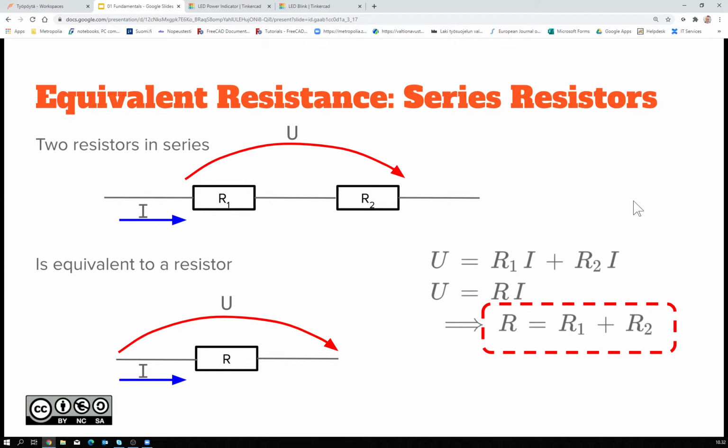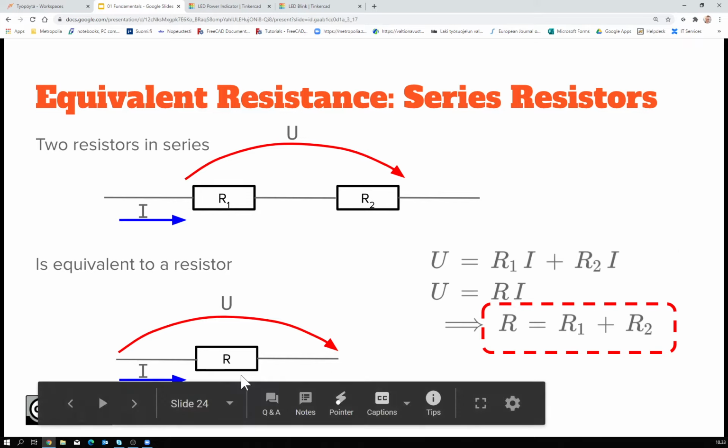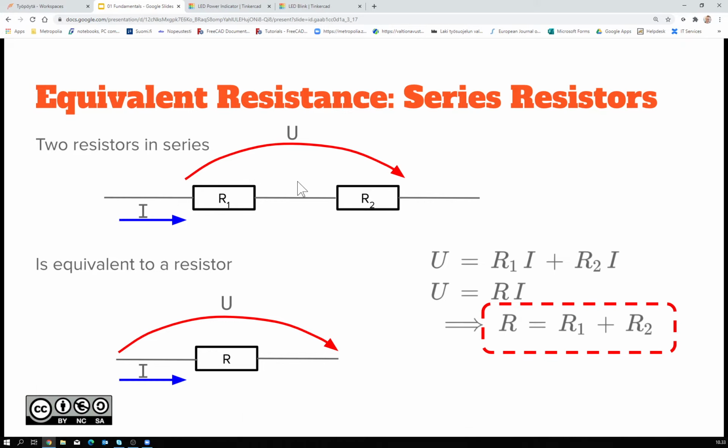If we have two resistors in series, meaning a cascaded connection, the same current flowing through both of them, and you want to know the total resistance, meaning the corresponding resistance that can replace both of these.